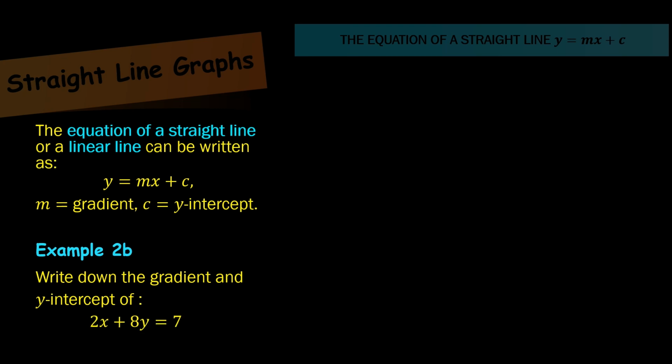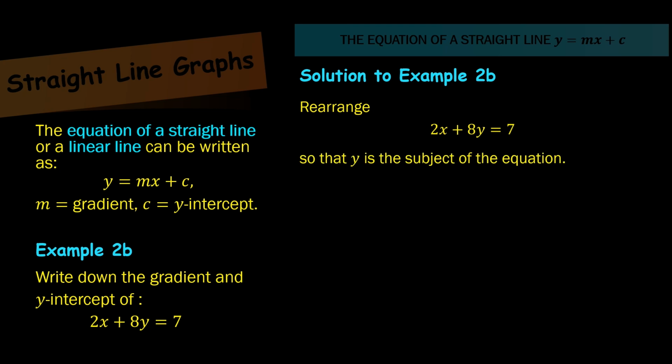Now let's take a look at part B. We are required to write down the gradient and y-intercept of 2x plus 8y equals 7. So let's solve this. If we rearrange 2x plus 8y equals 7 so that y is the subject of the equation, we have that 8y equals minus 2x plus 7.